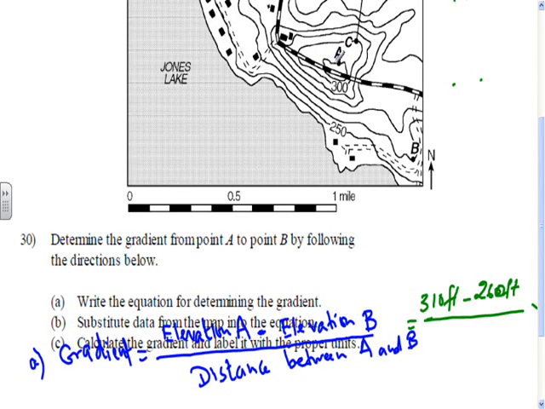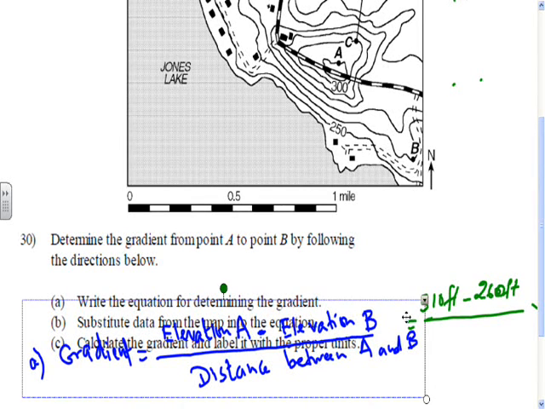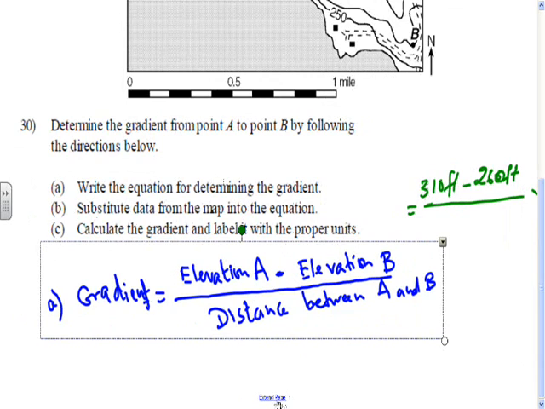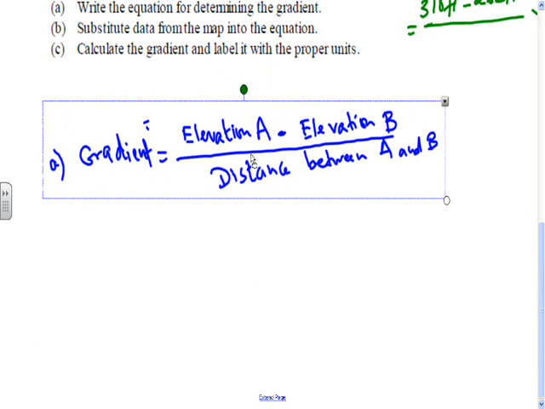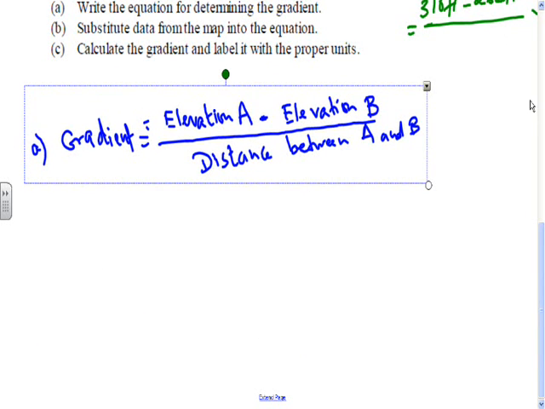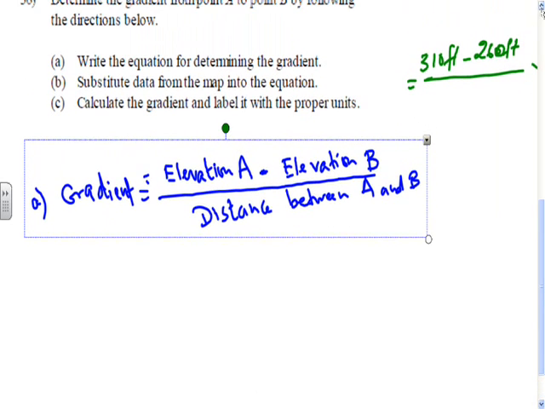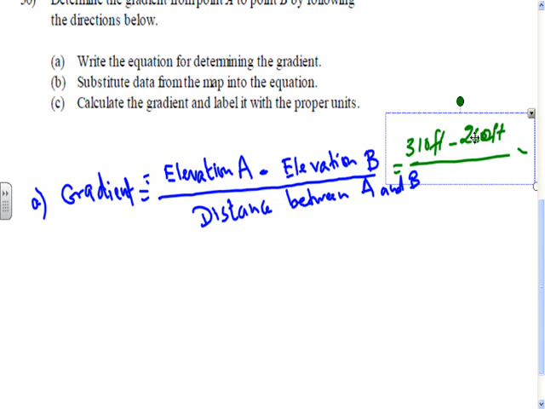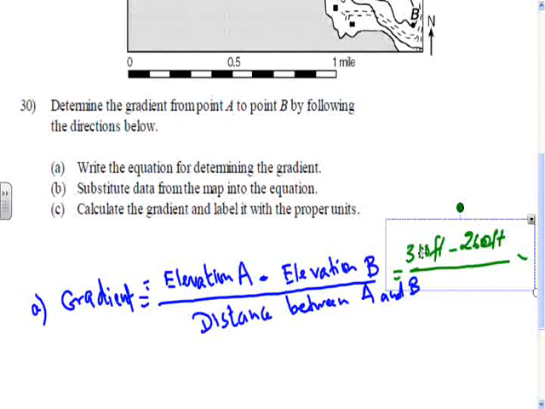To find the distance, let's put this down here, and then let's go up now. Let's find the distance between A and B.